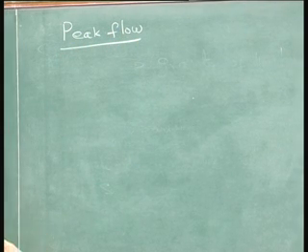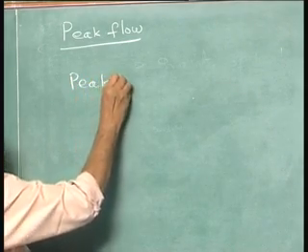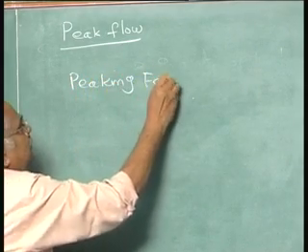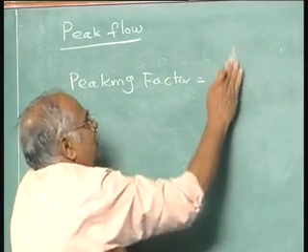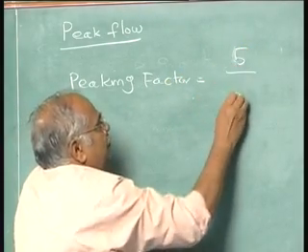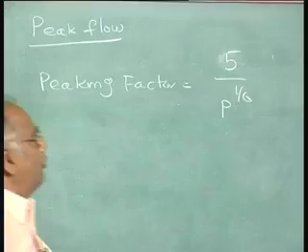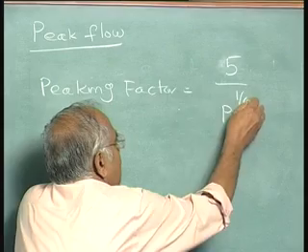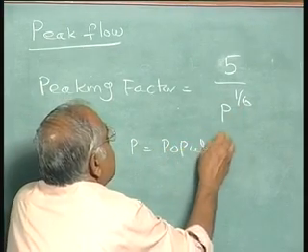In order to find the peak flow, what we have is a peaking factor. Peaking factor is given by the equation 5 over p to the power of 1/6, where p is the population in thousands.